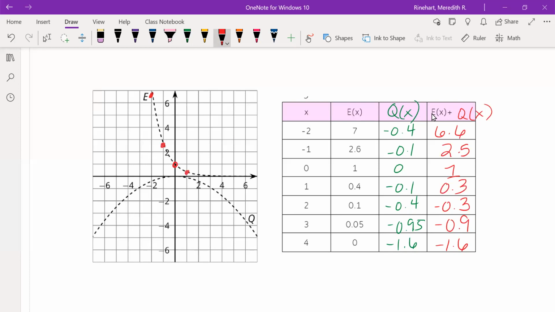At 2, we're at negative 0.3, 3, negative 0.9, and then 4, negative 1.6. And then after that, follow along with Q. And there is our shape, almost looks cubic.